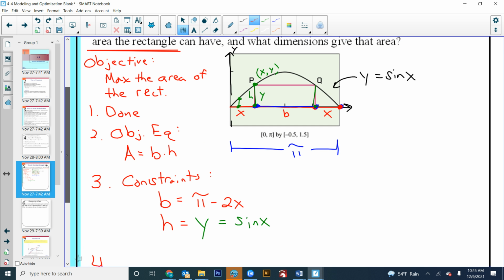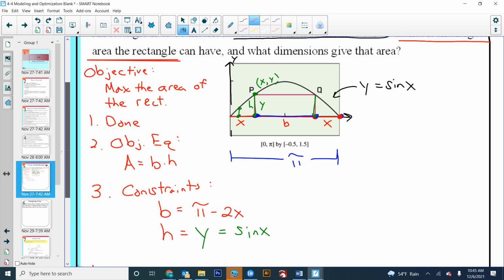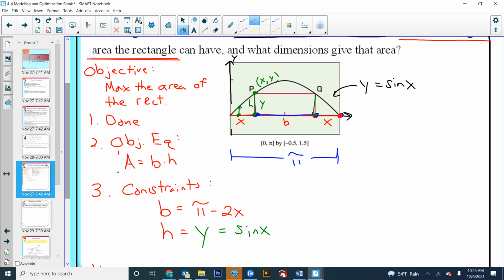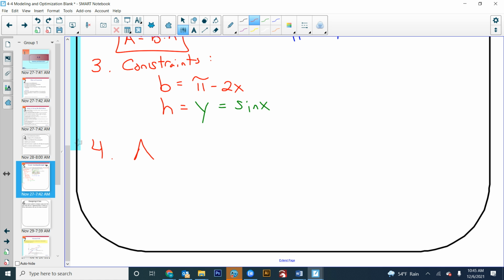So our area, our objective, is A equals B times H. So A equals pi minus 2x times sine of x. Base times height. We have allowed this picture to move. We let the base be a function of x and the height be a function of x.